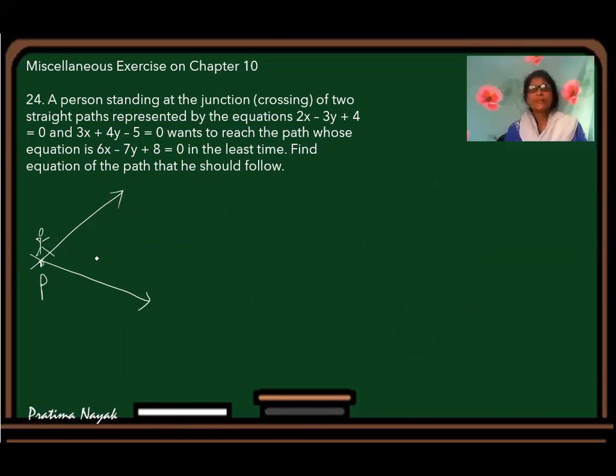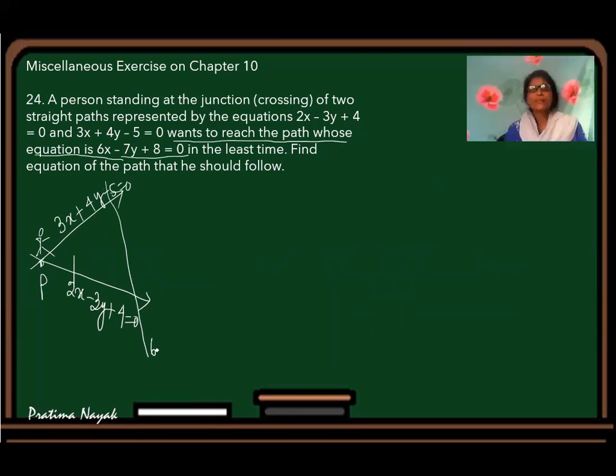Now, one line is 2x minus 3y plus 4 is 0. Another line is 3x plus 4y minus 5 is 0. Now next, read the question. He wants to reach the path whose equation is 6x minus 7y plus 8 is 0.